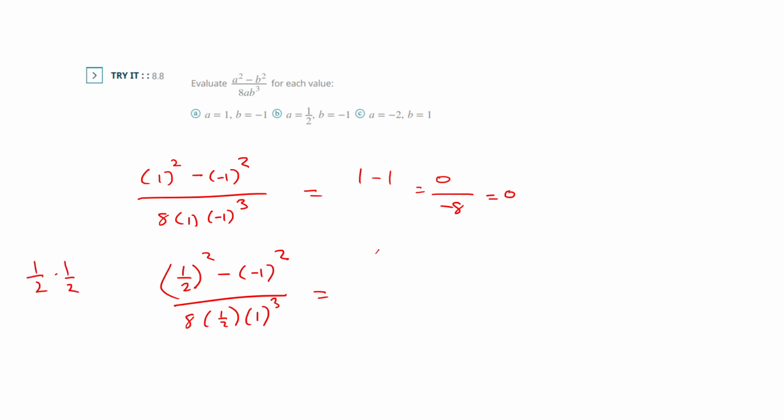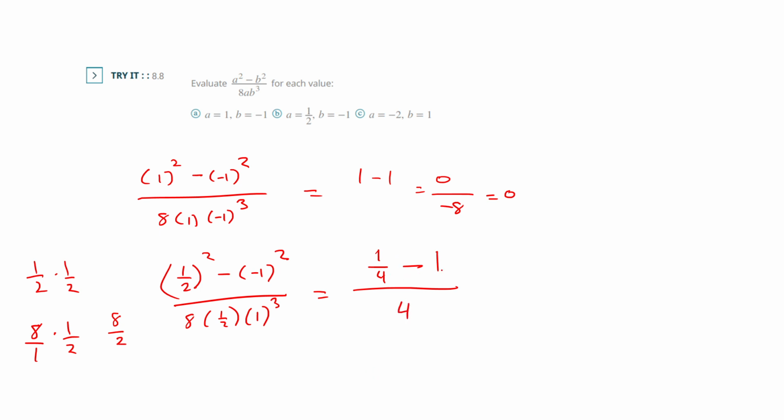So that's 1/4 minus, and -1 squared is 1. Okay, on the bottom here, 1 to the third is still just 1. That doesn't mean anything. 8 times 1/2. You can do this a couple ways. You can just multiply across the tops and the bottoms. You get that. Now that reduces to be 4.